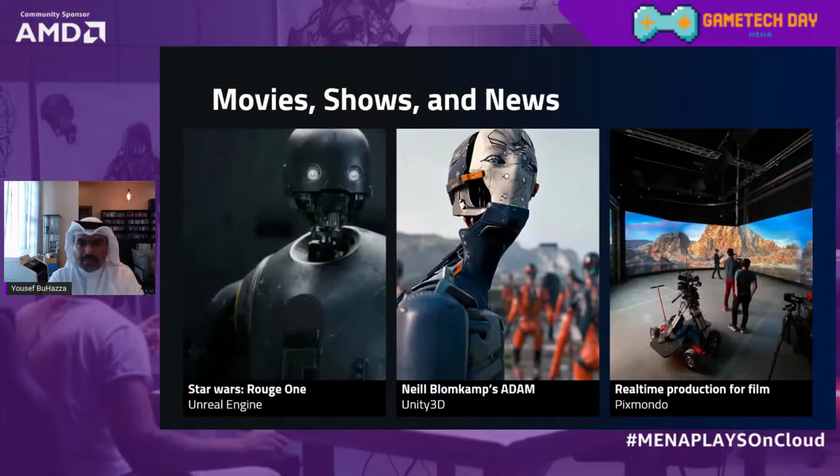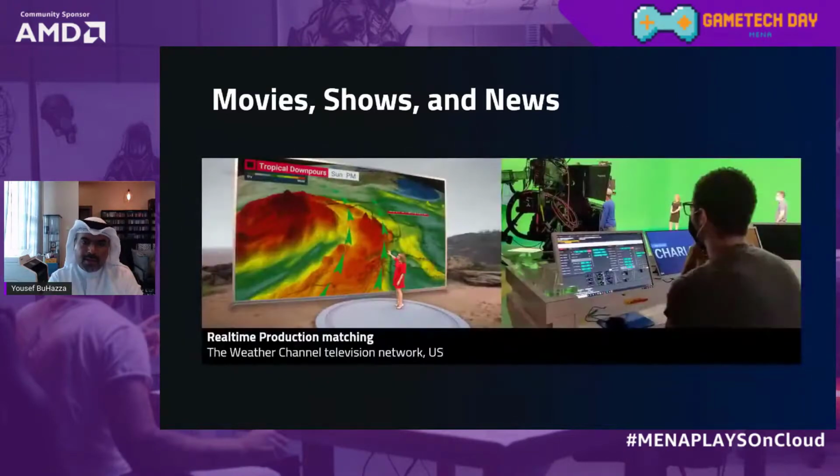And Pixmondo is now a studio that specializes in virtual production, where most of what they do is utilizing LED screens and virtual cameras to film certain scenes.